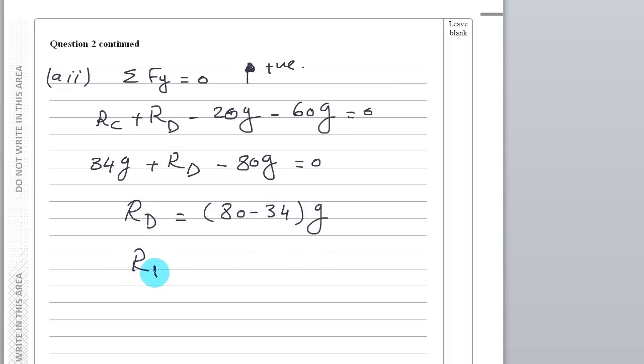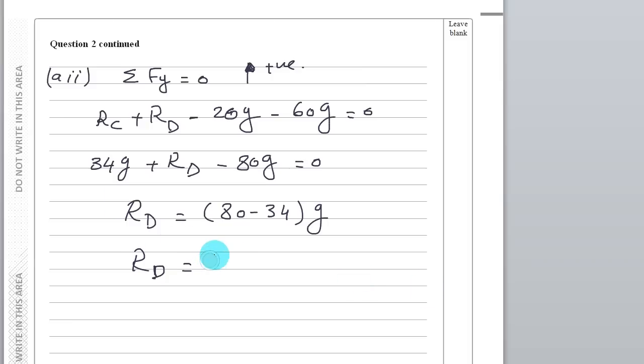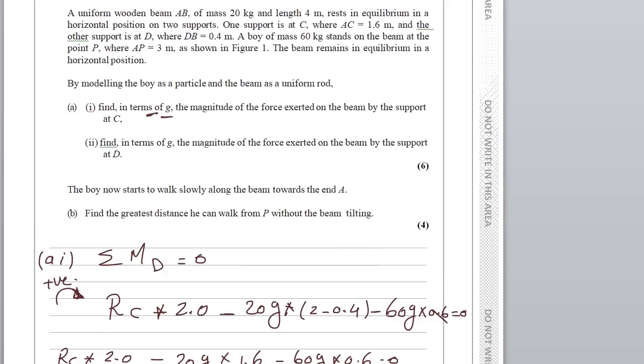So RD is equal to, let us find the solution, 80 minus 34, so 46g. And this is RD. Okay, let us go ahead.